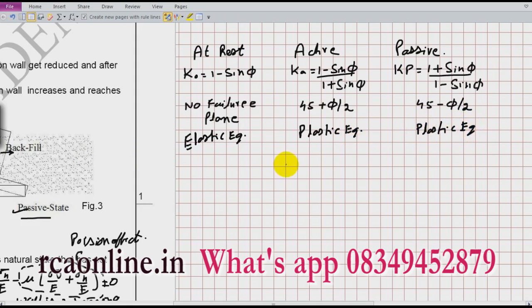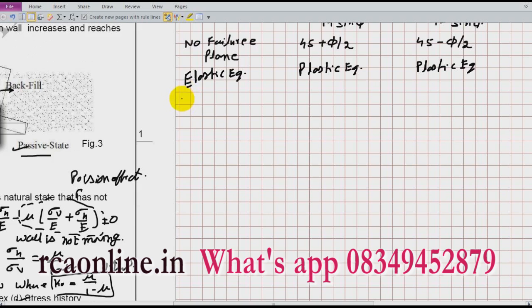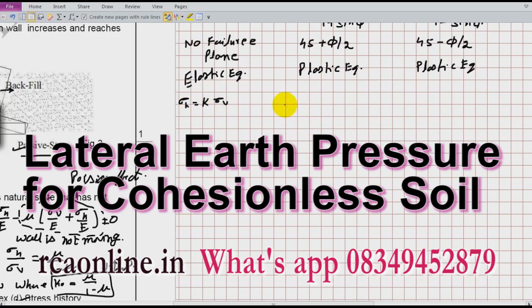I have explained what is plastic equilibrium in the previous video. Sigma h is K times sigma V. Okay. Now in this also, sigma h is K naught sigma V, sigma h is Ka sigma V, and sigma h is Kp sigma V. Is it okay?